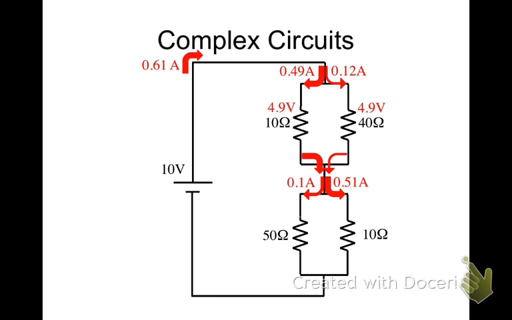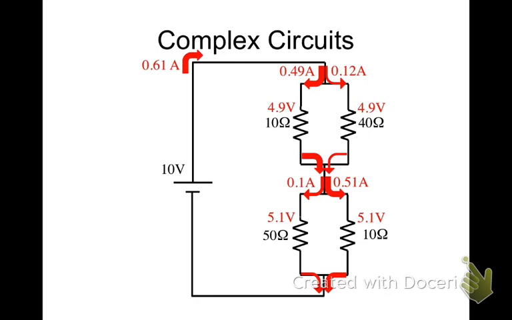And then 0.51 amps and 0.1 amp through 50 and 10 ohms, respectively, gives you 5.1 volts on either side. And then the current recombines to 0.61 amps again. So the current by the battery, that's the biggest current that there can be. You can't get more current somewhere else, because the current is either 0.61 or a split off of that, which means it's always at or less than 0.61.